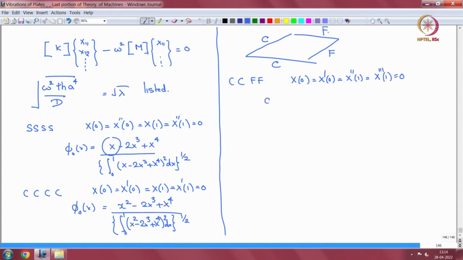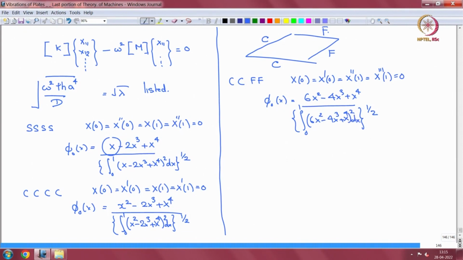Then phi 0 of x is 6x square minus 4x cube plus x fourth divided by the square root of the integral of 6x square minus 4x cube plus x fourth squared dx.